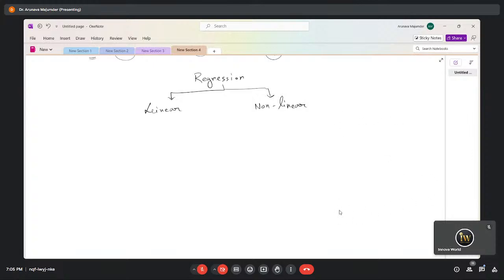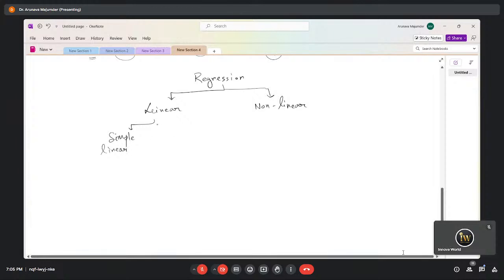One is called simple linear regression and multilinear.